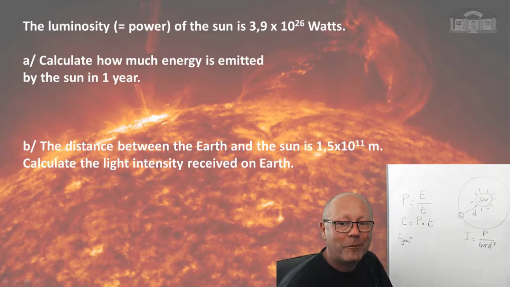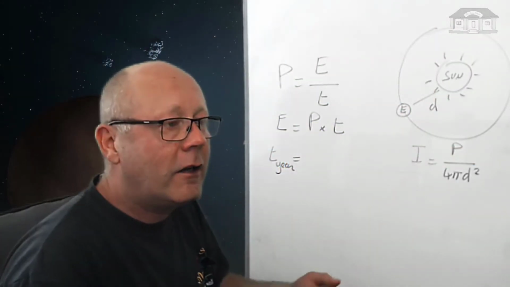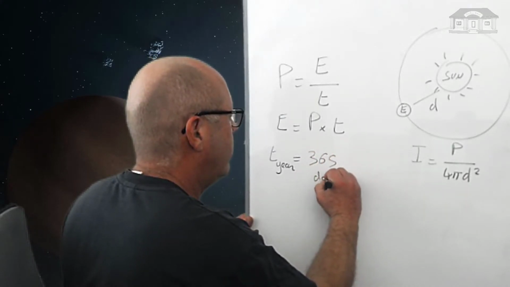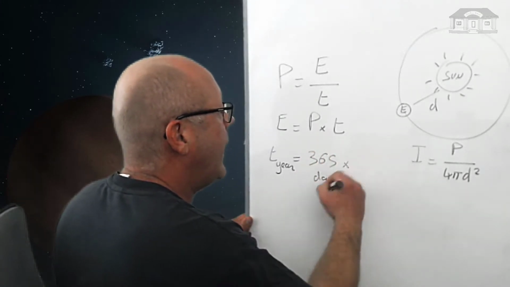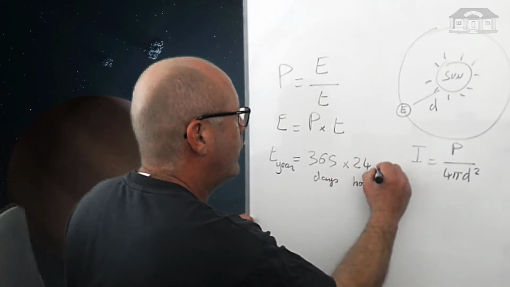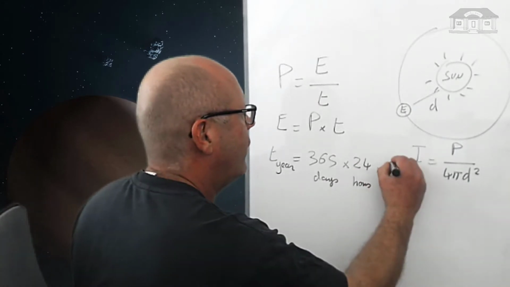How many seconds in a year? Well, in a year, there's 365 days. Each day has got 24 hours. And each hour has 3,600 seconds.